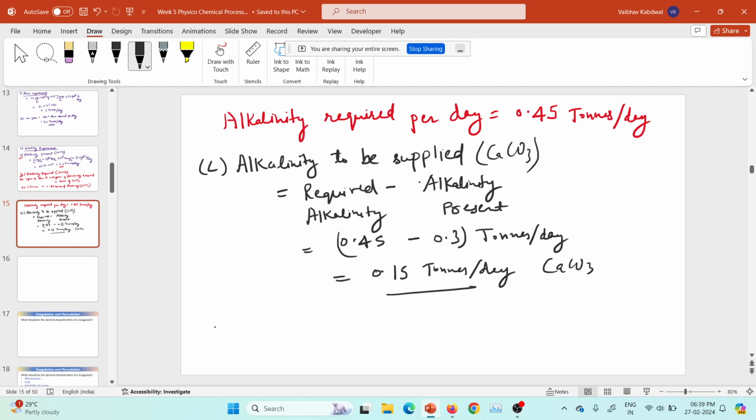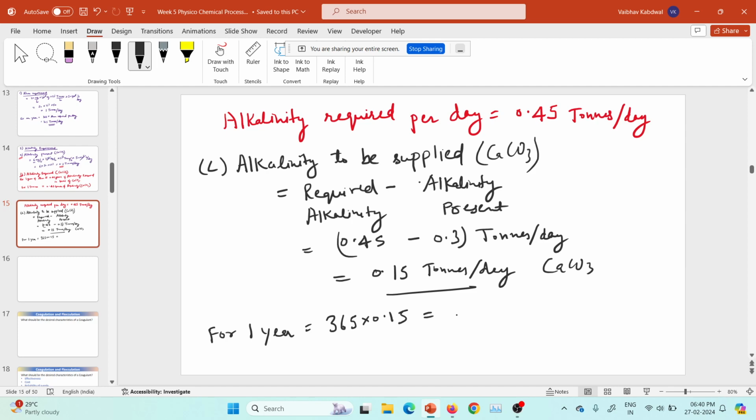Alkalinity to be supplied per year, for 1 year. So the alkalinity required will be 365 into 0.15.